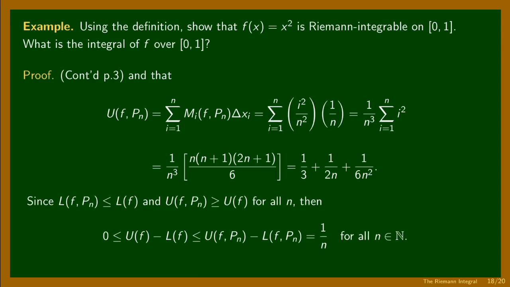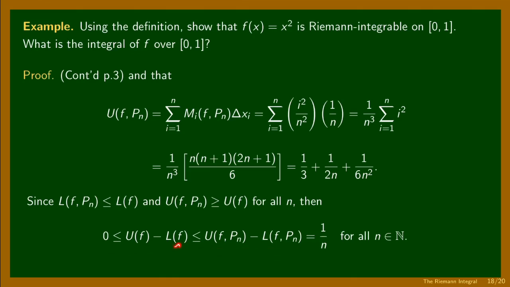Oh, dahil nga yung lower integral ay supremum ng mga L, lagi siyang mas malaki sa lahat ng lower sums. Similarly, yung upper integral mo naman ay infimum ng mga upper sums. So, lagi siyang mas maliit sa kahit na anong upper sum. Then, the following can be derived using algebra, no?